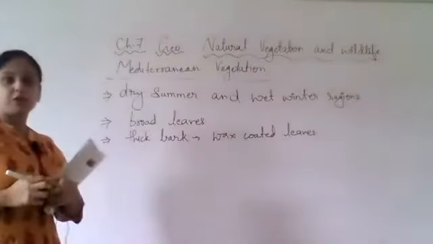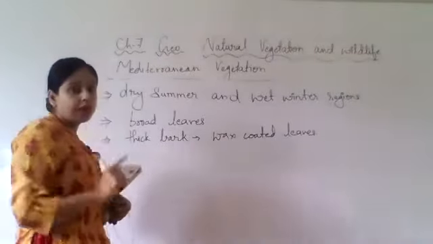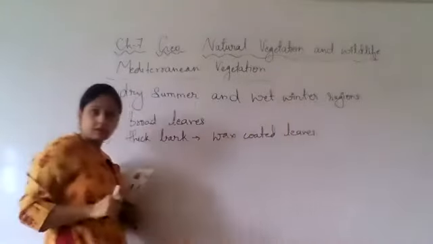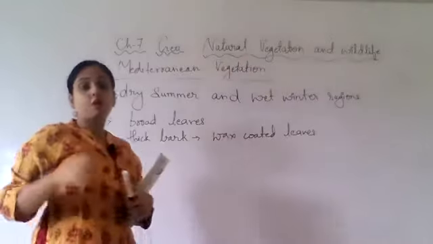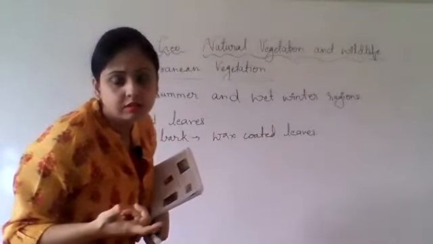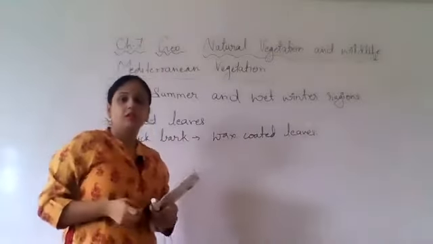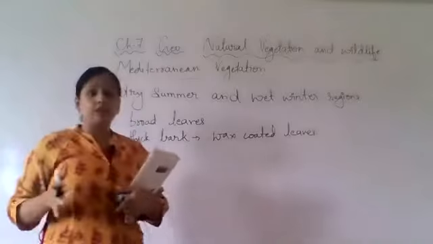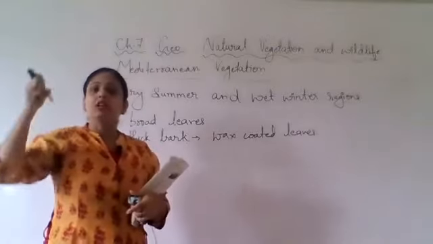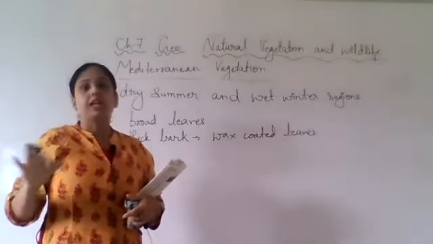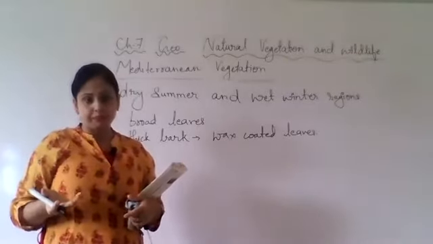Now, if you see, they grow well in the wet winters, right? In wet winters, you can understand that the trees are always wet. In that case, what will happen?